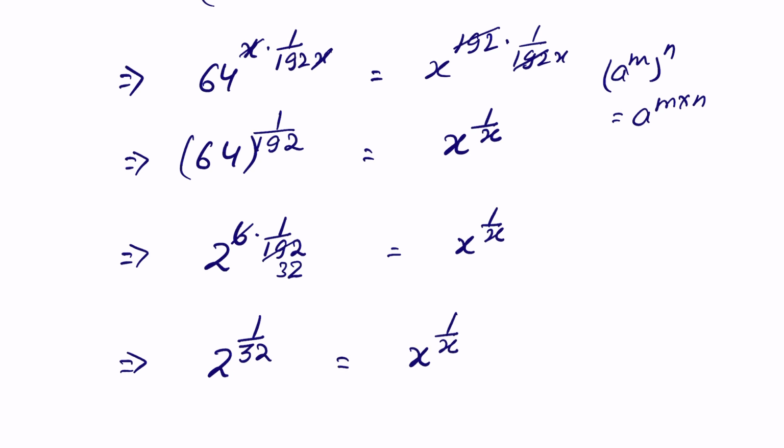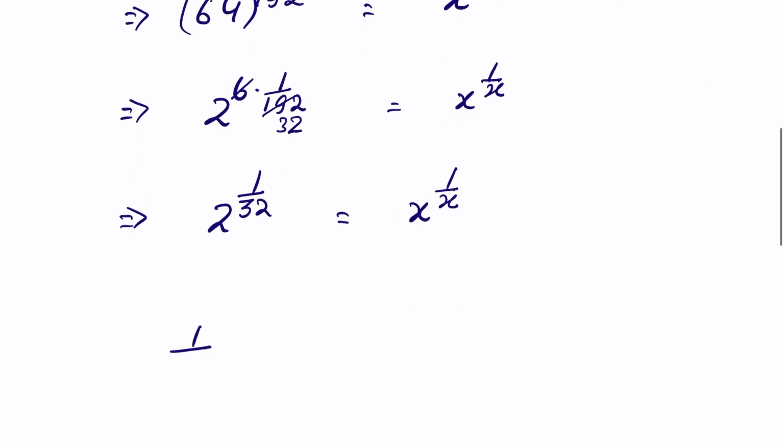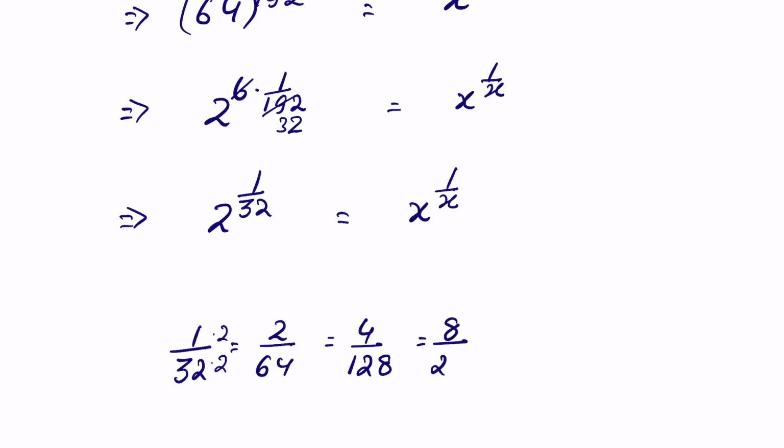Now 1 upon 32 is equivalent to 2 upon 64. We multiplied the numerator and denominator by 2, so we got an equivalent fraction. It is also equal to 4 upon 128 and also equal to 8 upon 256, because when we cancel this and this, it will be equal to 1 upon 32.